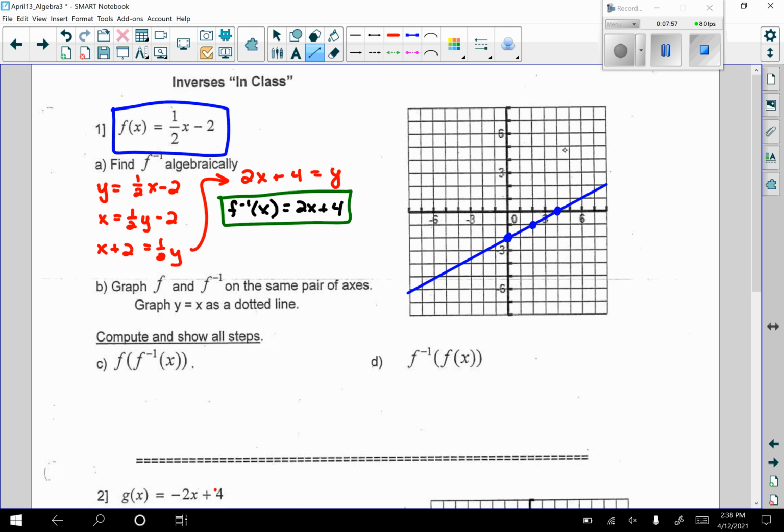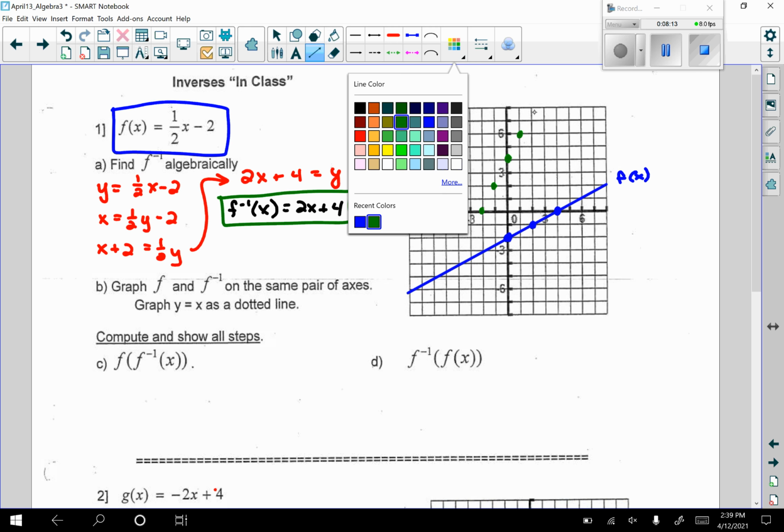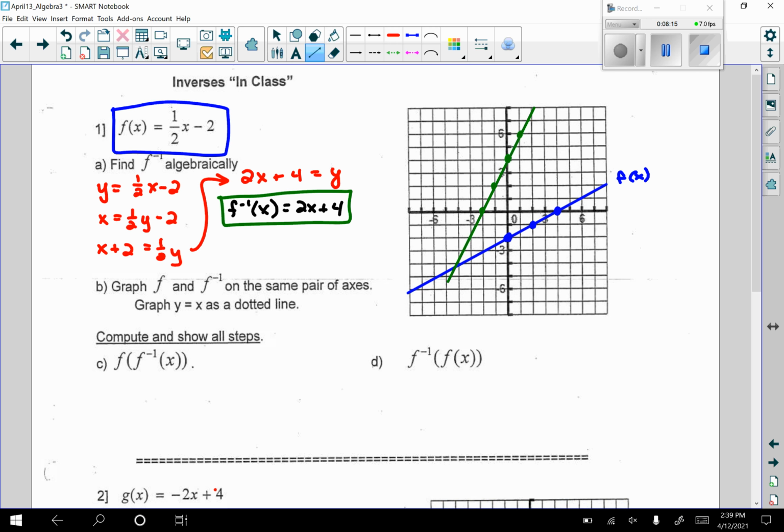And we want to label this as f of x. Then my inverse is going to be up at 4, and I have a slope of 2, so I go up 2 over 1 or down 2 over 1, and I'll continue this until they intersect, and just be very careful. They need to intersect very specifically here.